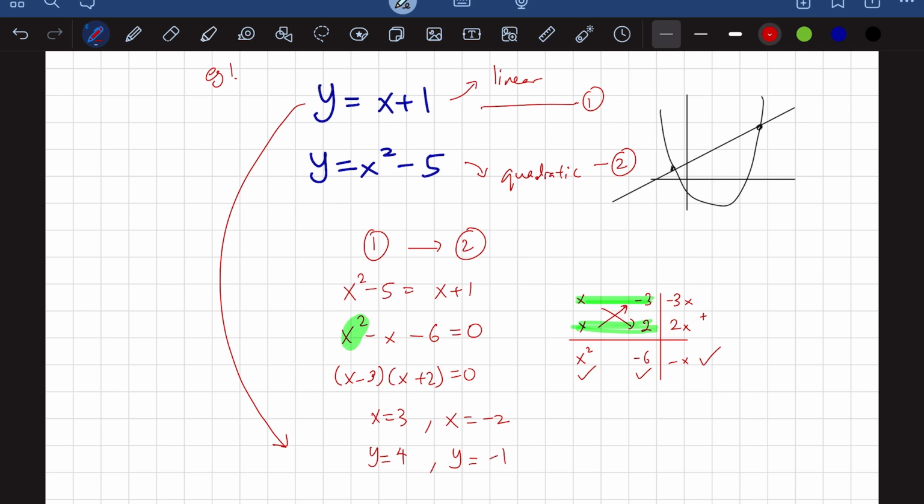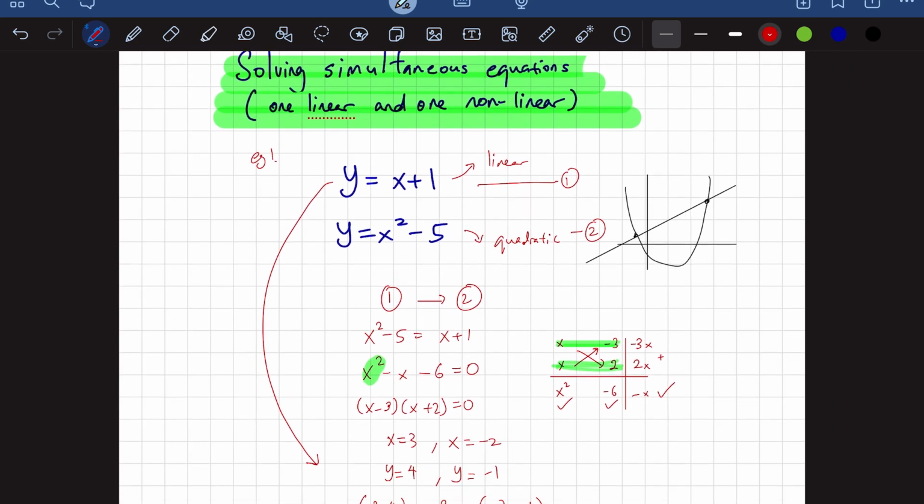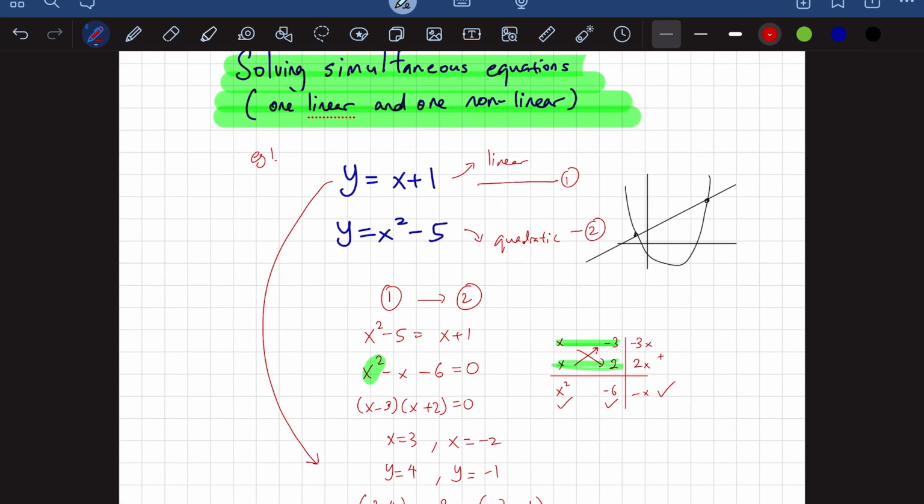So therefore, my two solutions are (3, 4) and (-2, -1). All right. So yeah, that is how I solve simultaneous equations involving one linear and one non-linear equation. And do expect that more often than not, you will have two solutions like how I'm showing here.